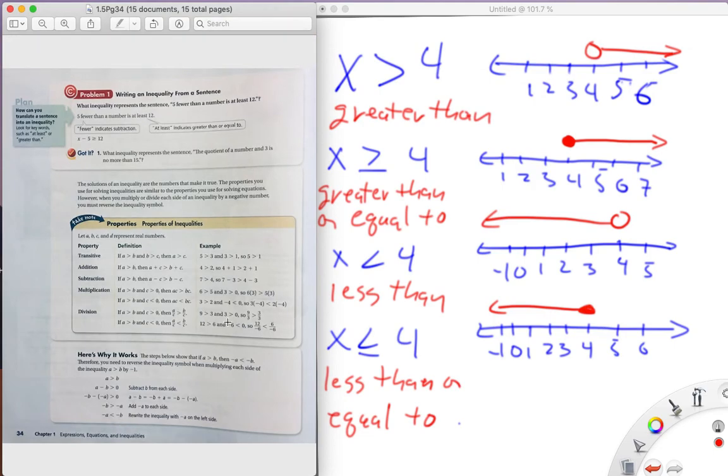Okay. Certain phrases that you might need to familiarize yourself with: at least or at most. Those are the ones that people get the most confused with.